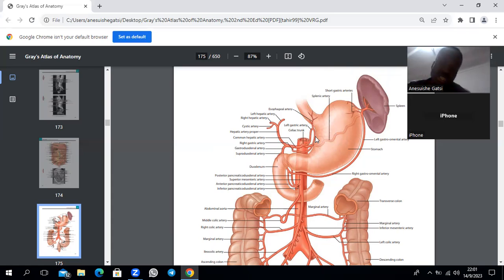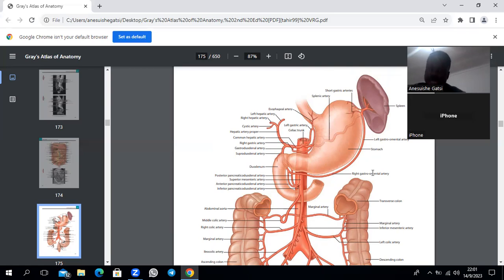So upper half of the lesser curvature is left gastric. Common sense should say, if left gastric is upper half, that means right gastric is lower half. Done and dusted. I'll tell you shortly where right gastric comes from. When I go to the greater curvature, still the same.